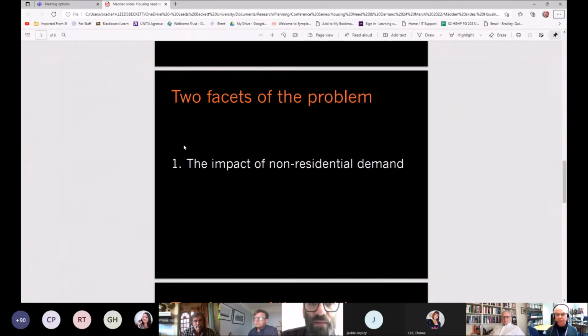Now, there's a lot of debate about the size and impact of non-residential investment. It clearly varies by locality, by tenure type, by many, many other factors. But it's also clear that in many places, investors and other non-residential purchasers of housing are becoming highly influential.